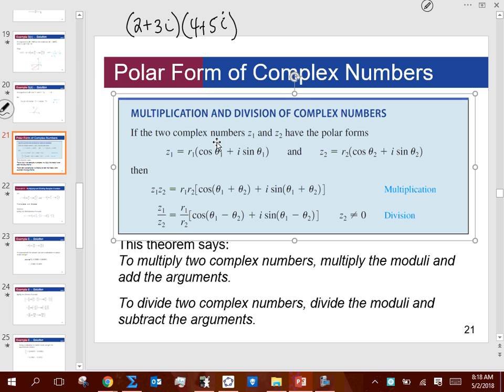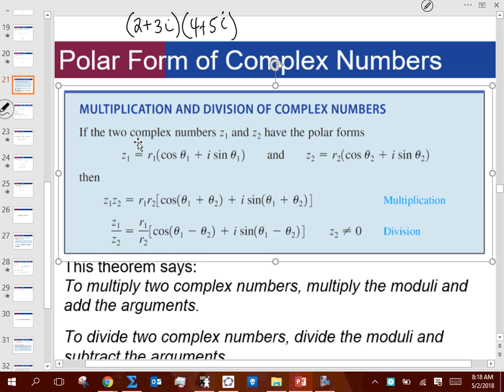It says multiplication and division of complex numbers. Let me zoom in a little bit for us. It says if two complex numbers z1 and z2 have these polar forms, and a lot of times we said yesterday this might be written as z1 is equal to r1 cis theta 1, and z2 is equal to r2 cis theta 2. Those are equivalent notations.